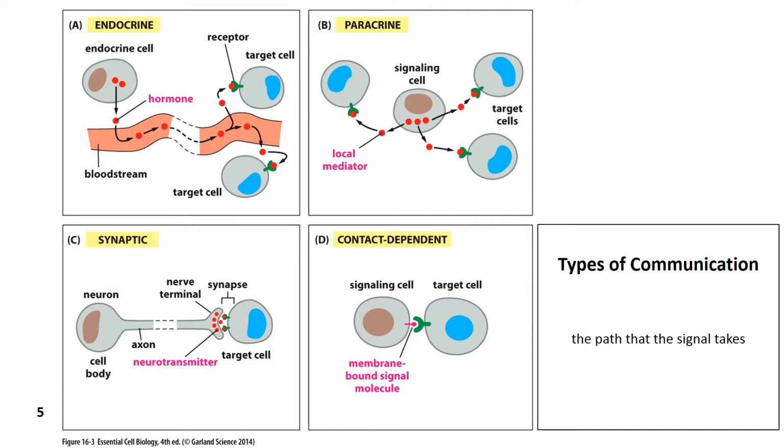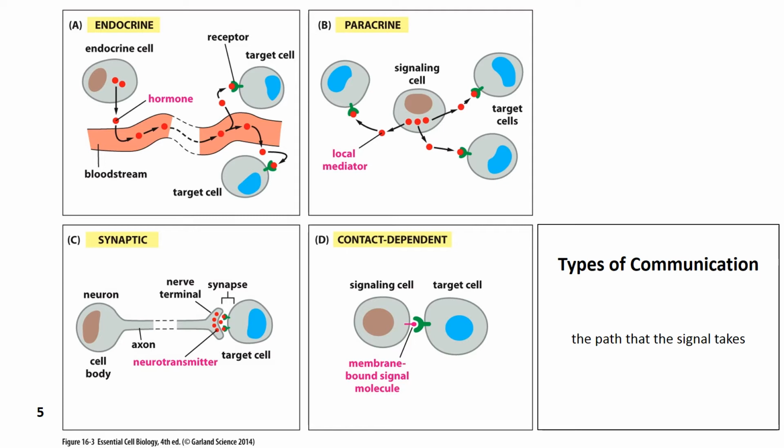You'll notice in paracrine communication, the cells that are communicating are of different types. And we note that because the signaling cell has a brown nucleus and the receiving cell has a blue nucleus.